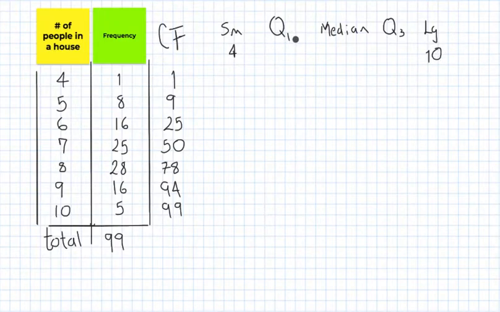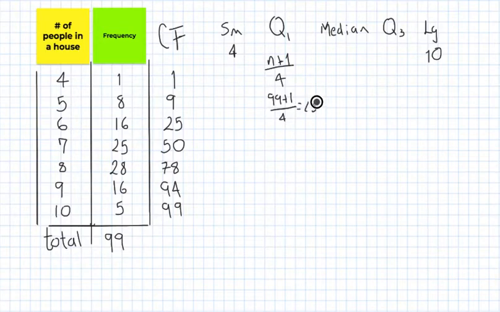Now, to find the Q1 or the lower quartile, we're going to need n plus 1 divided by 4, right? So what is n? It is the total amount of values that we have in our frequency, right? So n in this case is 99, plus 1 over 4, and this gives us 25.